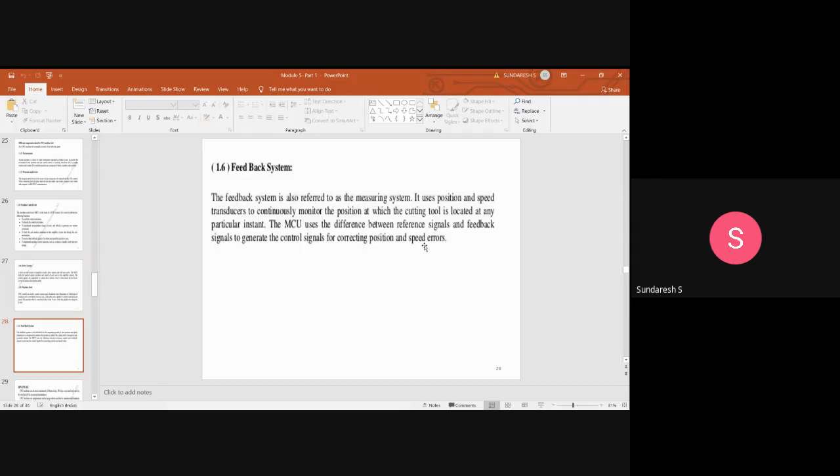And the most important is a feedback system. Basically, a feedback system is a measuring system. So whenever you have any errors or any changes or deviations, immediately that signal has to go. That feedback signal is carried by the feedback system.